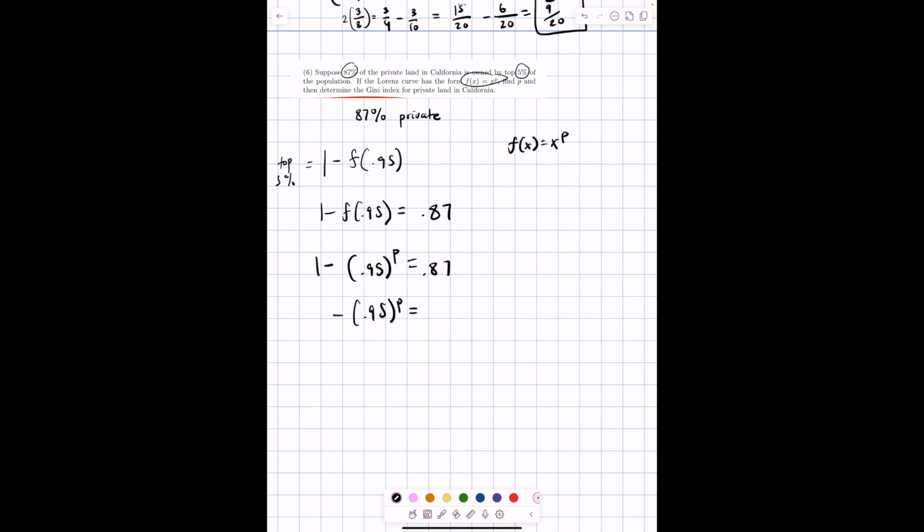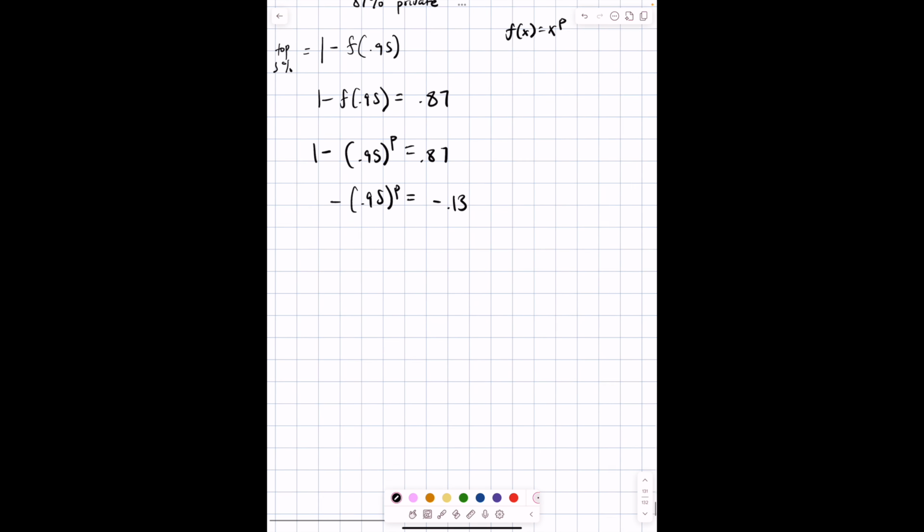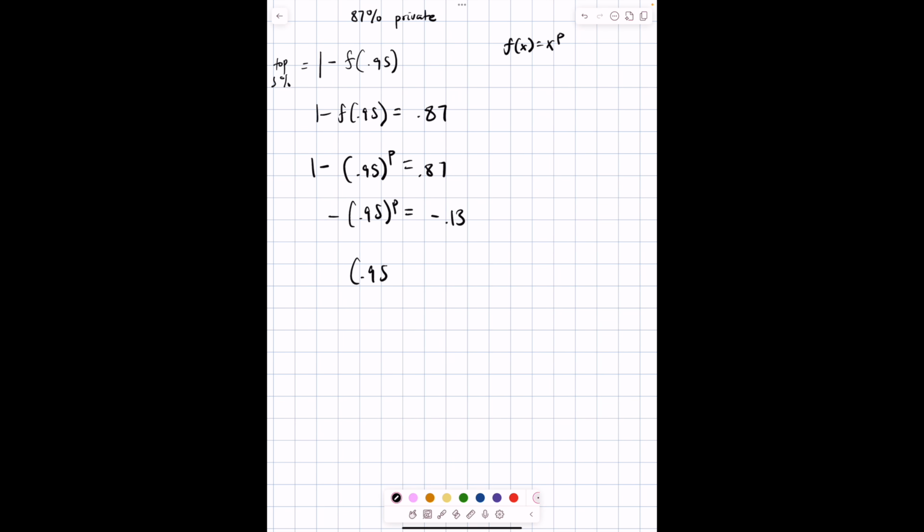I get that this is negative 0.13. The negatives cancel, so I just get this. I want to take the natural log of both sides to bring the exponent down.